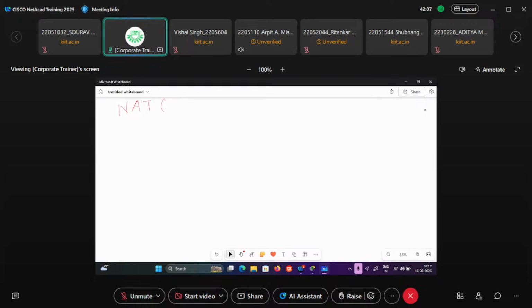So in this case, if you have multiple private IPs and those are the same, how will the internet know where to send the message?